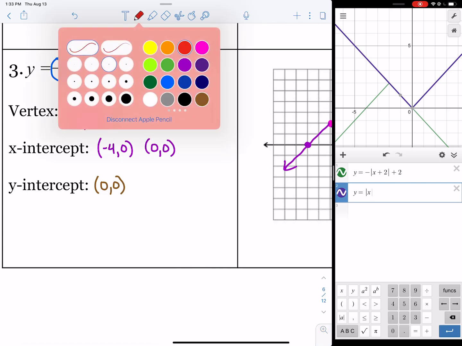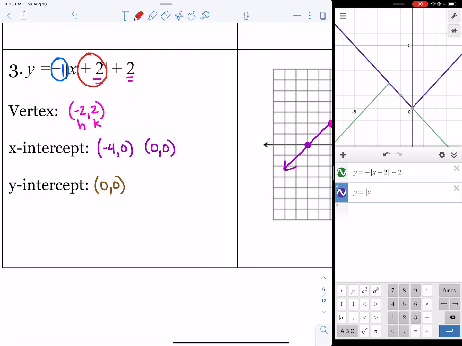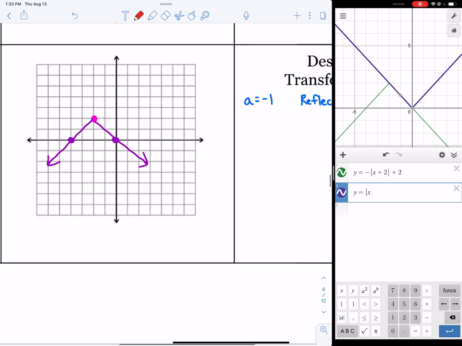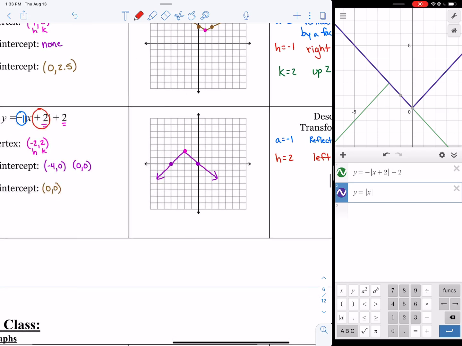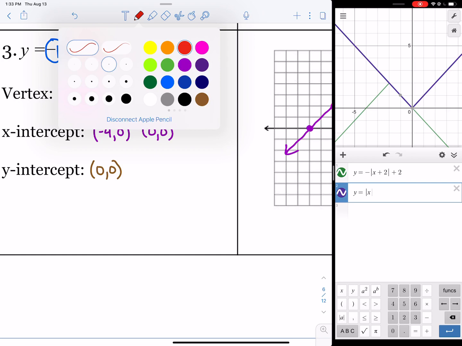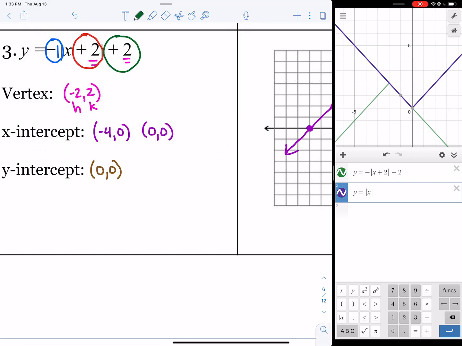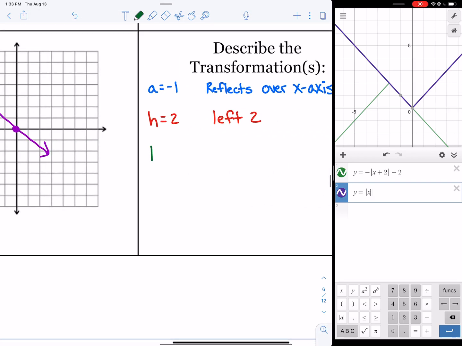Okay, next let's look at the h value. So h is inside the grouping symbol, and it's +2. So if h equals +2, it makes our graph go left 2 units. And k. K is also +2, but k makes our graph go up or down. So in this case, it's going to go up 2.